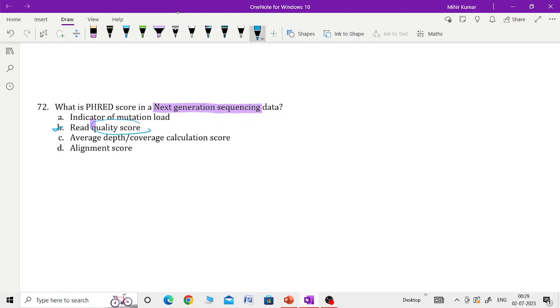The Phred score is a quality score, and Q equals minus 10 log10 P, where P is the probability, which means this score is also a probability-based score.